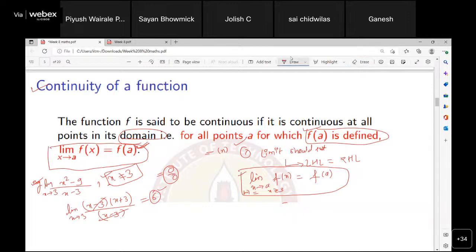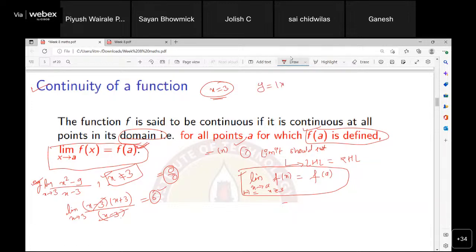Sir, y equals absolute value of x. They are telling it is continuous. Could you explain with the continuity definitions we have discussed now?